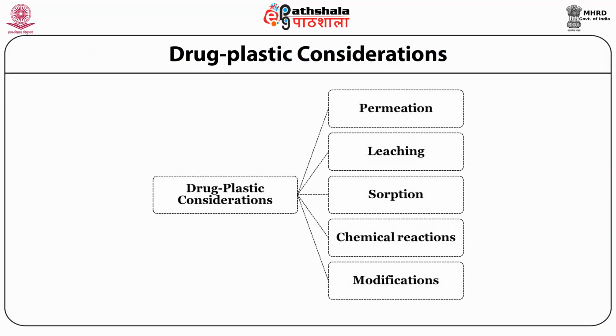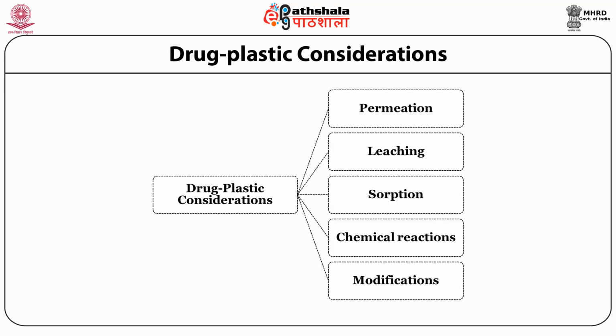Drug plastic consideration. This particular slide is showing the important parameters that one should take into consideration while selecting the plastic as a packaging material. Nowadays the plastic is one of the most common materials which we are using for the packaging of various pharmaceutical products, and definitely plastic has certain advantages over glass as a packaging material.